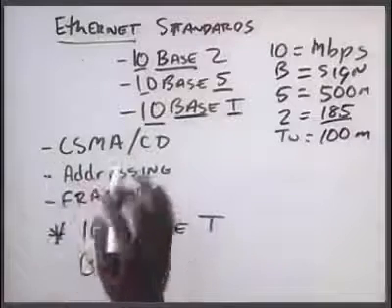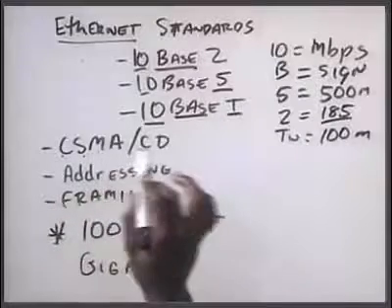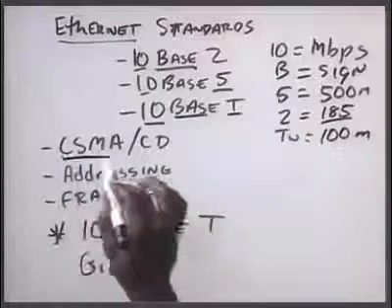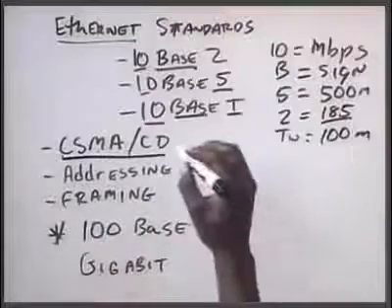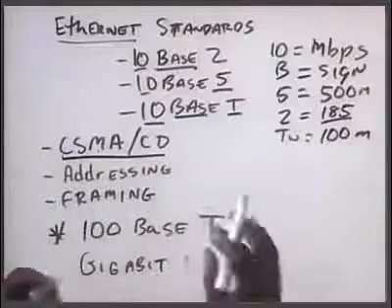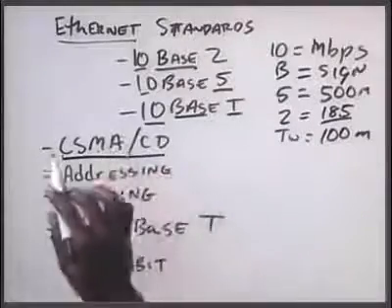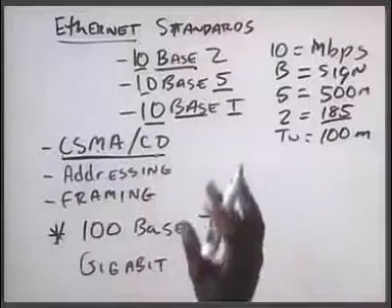Another topic or concept to remember with Ethernet is that of carrier sense multiple access with collision detection. This is the method that's being used on hubs, making it possible for the different devices to communicate with one another over Ethernet. This is what's called the access method for this contention media.